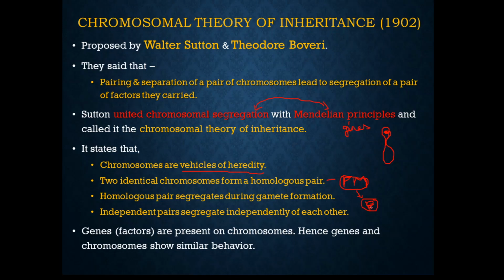So the gamete is carrying only one set of chromosomes. These independent pairs segregate independently of each other. This clearly tells that chromosomes are the ones carrying the genes, and these genes are present on the chromosomes, and whenever the chromosomes split, they are carried along with the genes, and so only one gene is carried in the chromosome.